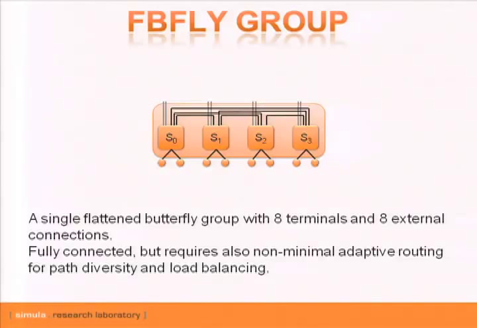As you can see, it's fully connected, so each switch has a connection to each of the other switches in the group. But still, non-minimal adaptive routing has to be used here for path diversity and for load balancing. Just bear that in mind. So you need non-minimal adaptive routing at both the global and the local level.